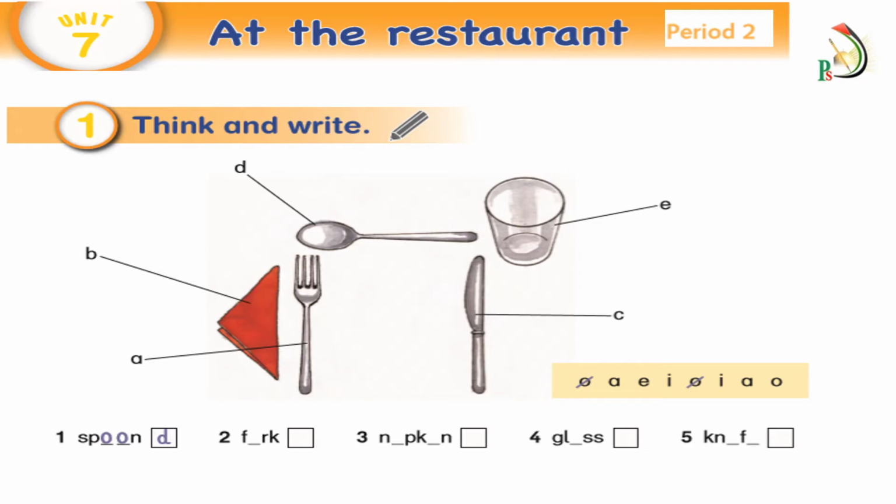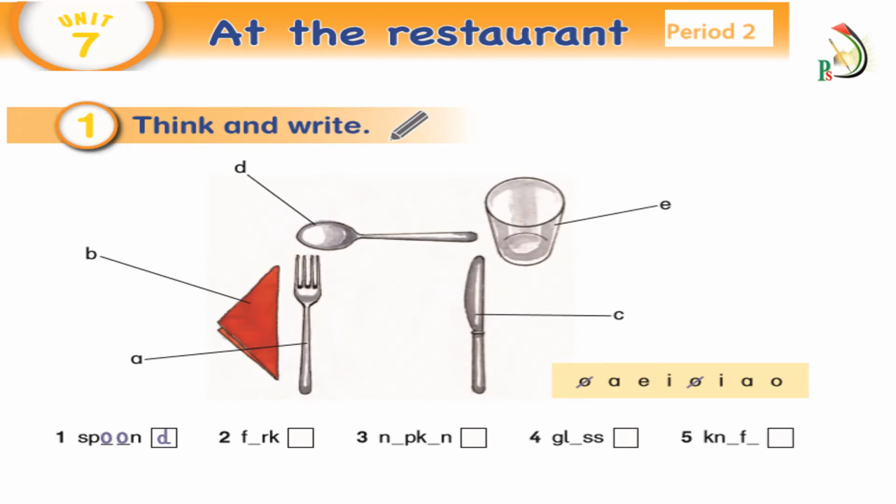Number 2, prepare your pencil and please write the missing letters. F space RK. Look at the brown box here.